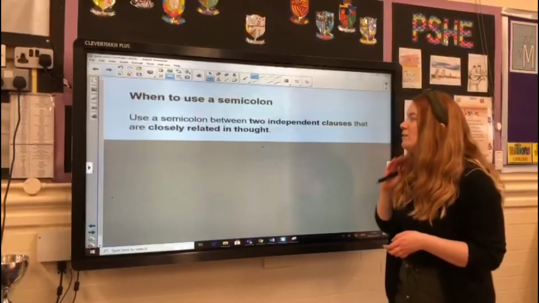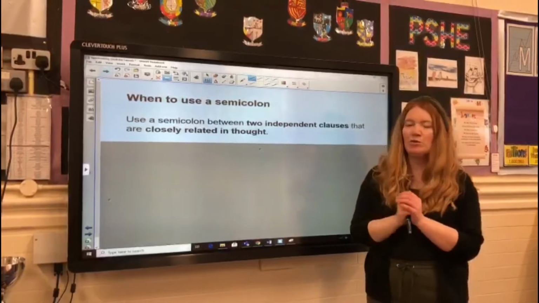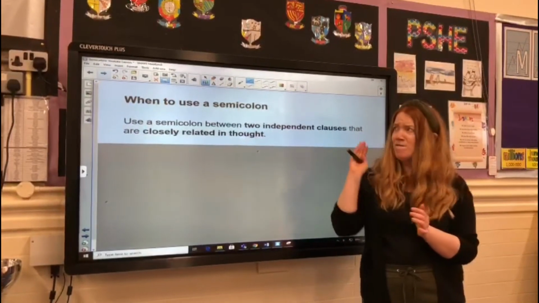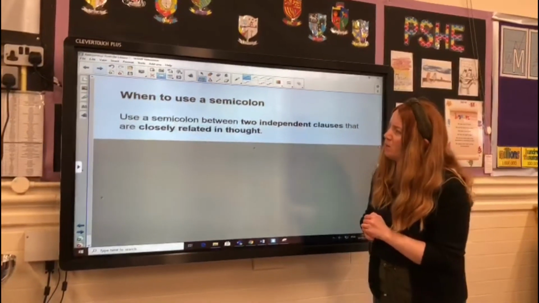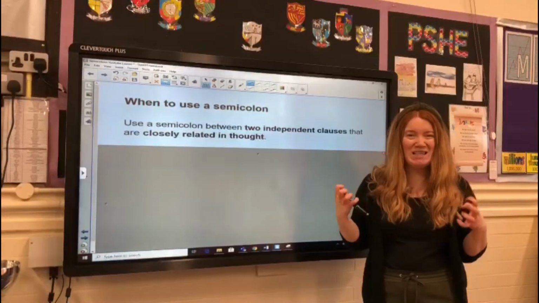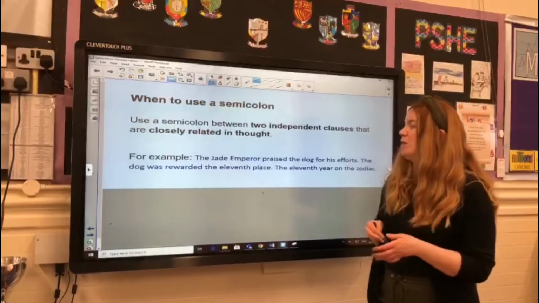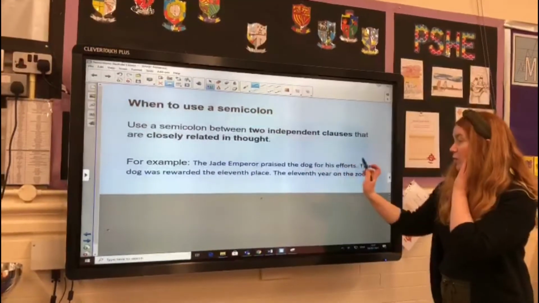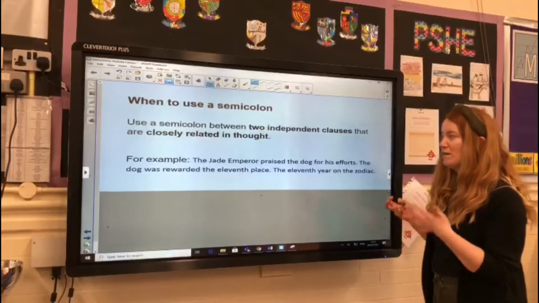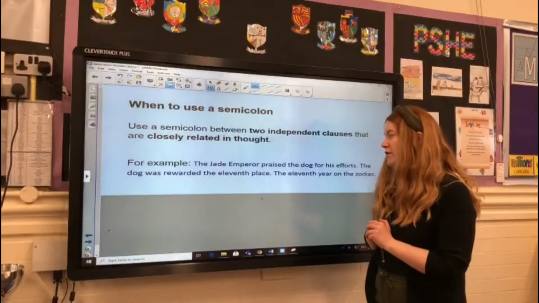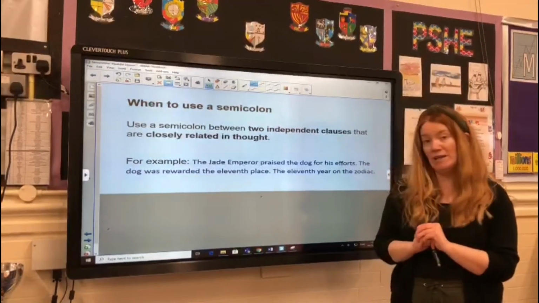Now, we use a semicolon between two independent clauses that are closely related in thought. So remember, thinking back to our previous example, it was still talking about that idea of being second place. So let's look at another example. So this sentence here, we've got a couple of full stops to separate the clauses. So let's read them. The Jade Emperor praised the dog for his efforts.